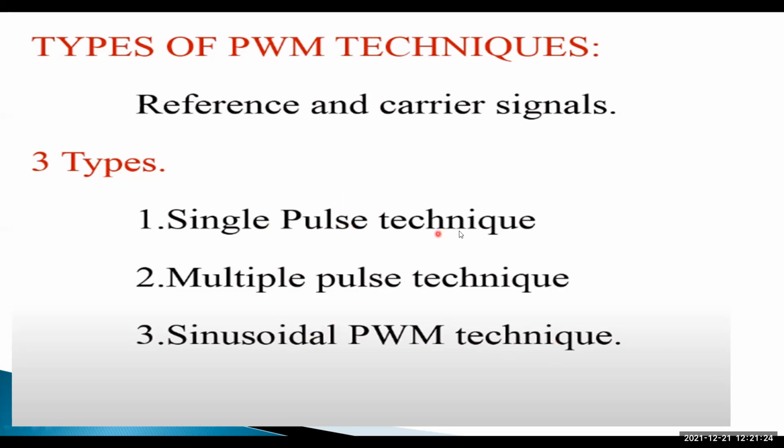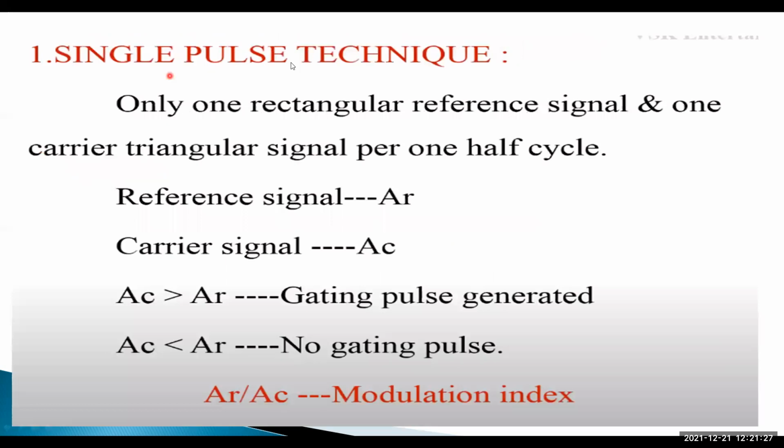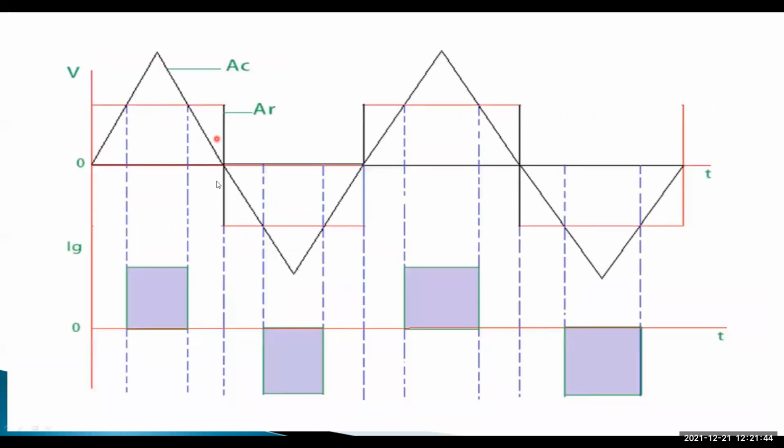In the single pulse technique, only one rectangular reference signal and one triangular carrier signal are used for one half cycle, only one rectangular reference signal like this.